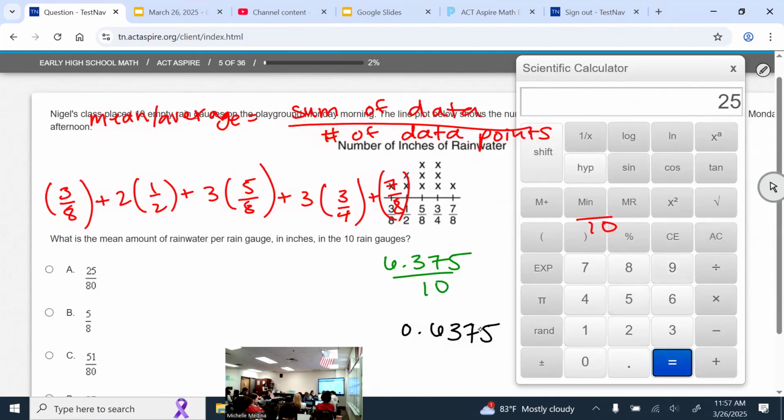So 25 divided by 80 is not that decimal, so I'm going to eliminate A as an option. 5/8 is not that decimal, so I'm going to eliminate B. 51/80 is that decimal. That's why C was the answer, right? Yes. So the calculator can work, but you really need to know how to use it. That's why I would rather you bring a calculator that you already know how to use.